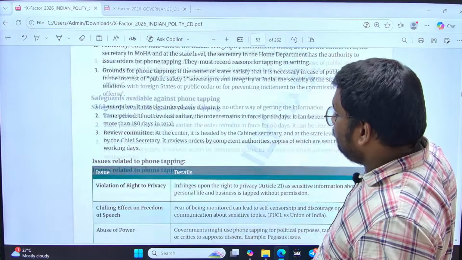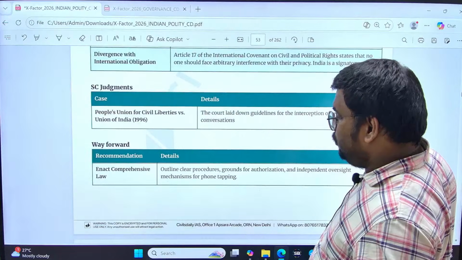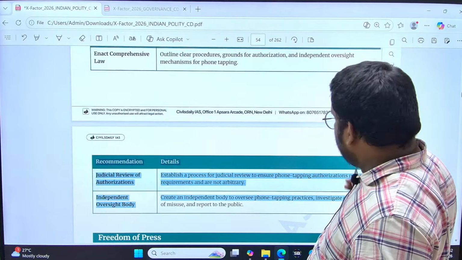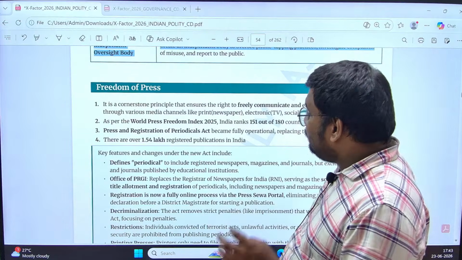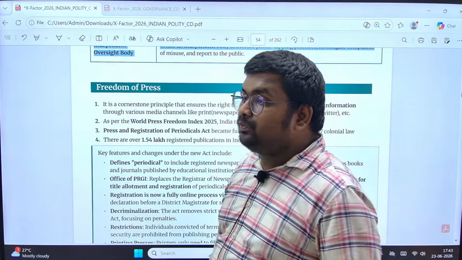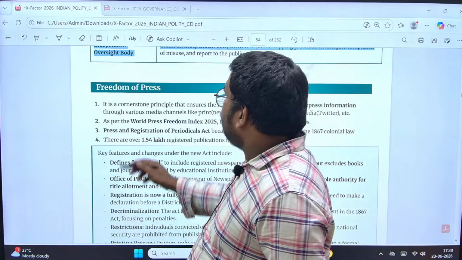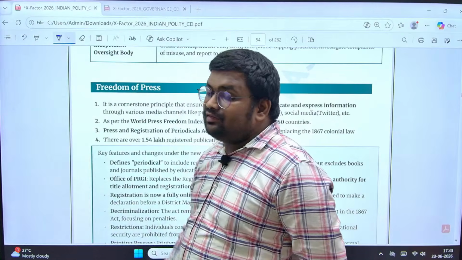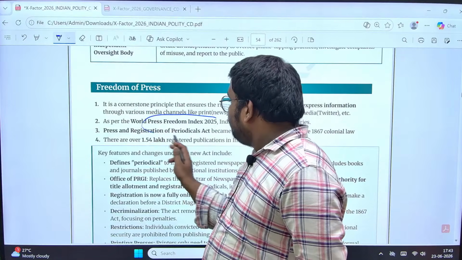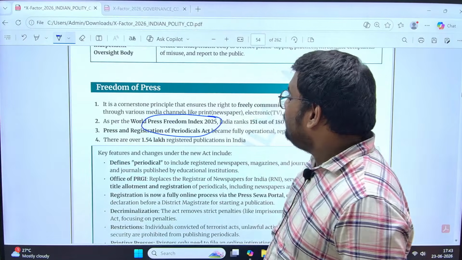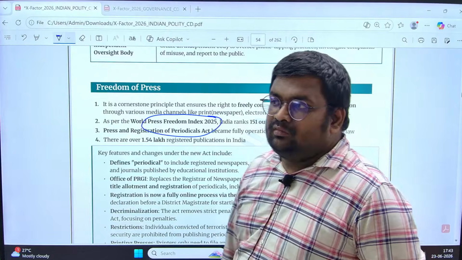ठीक है, this. Supreme Court judgments and freedom of press. Okay, so this year you can get a question on freedom of press because of the criticism with respect to the media, right? So आप पे भी press freedom index का specific ranking we have given, right?